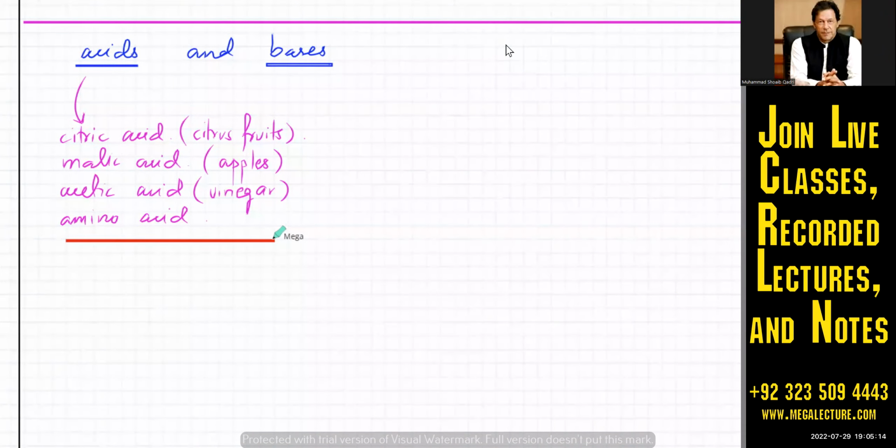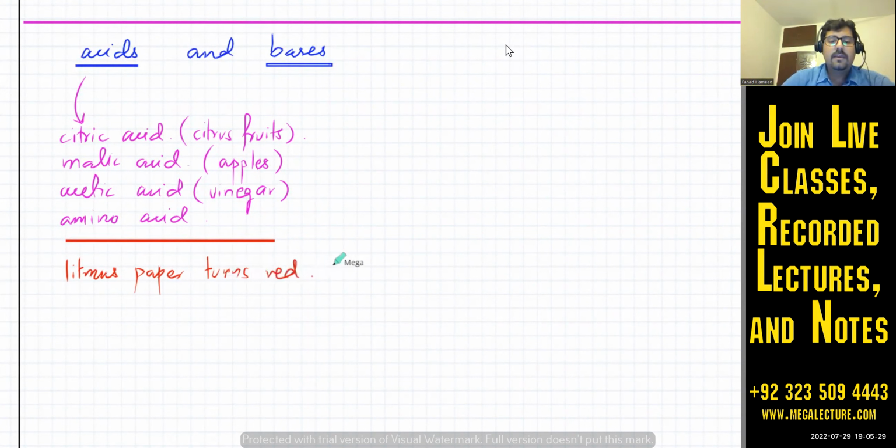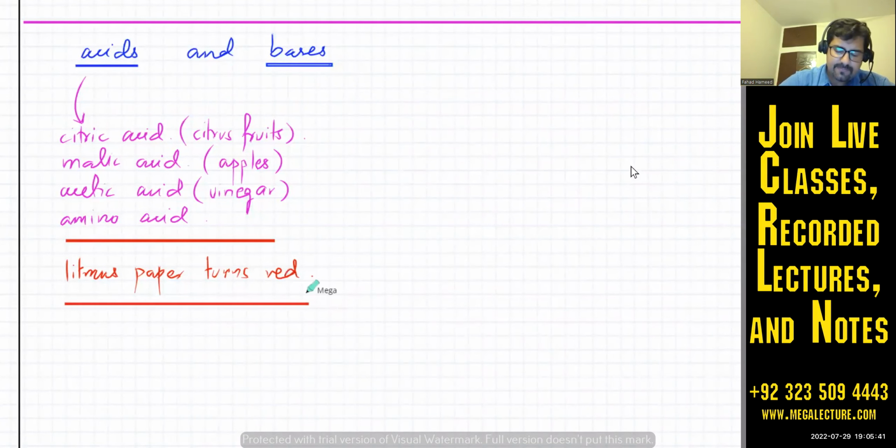Okay, so litmus paper turns red. Yeah, that's what an acid does. It's got a sour taste. There are other properties as well.